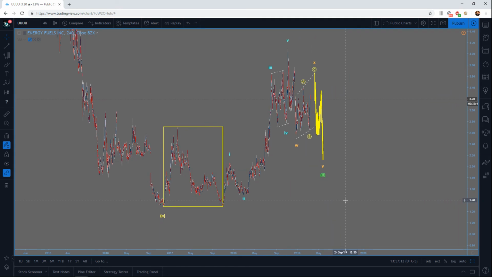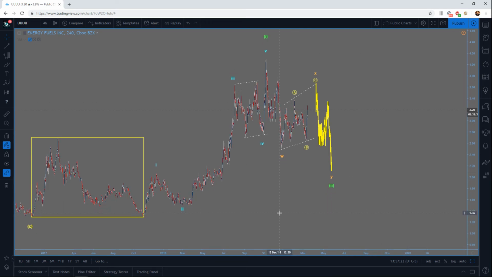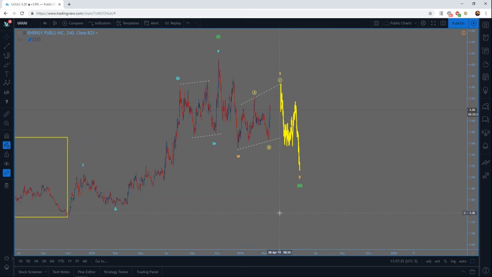So it is very possible that our correction does not take as long as what I'm counting as an impulse in this scenario, with this being a 1-2 wave. 2s are traditionally sharper than wave 4s, so this sharp move could be the entire correction of this 1 wave.